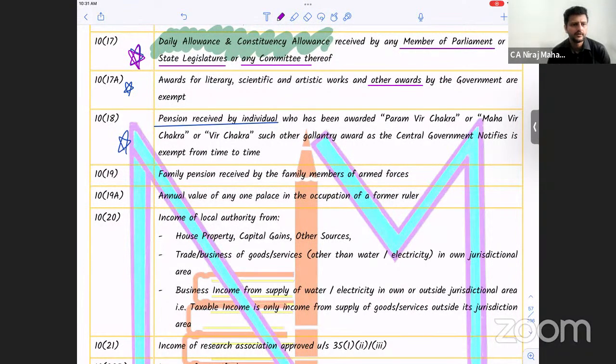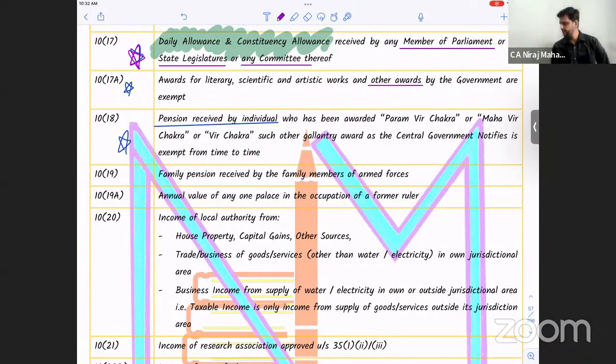Yojana means scheme. Awards given by government. Some government recognition. Yes, correct. Padma Bhushan, Padma Vibhushan, Bharat Ratna.